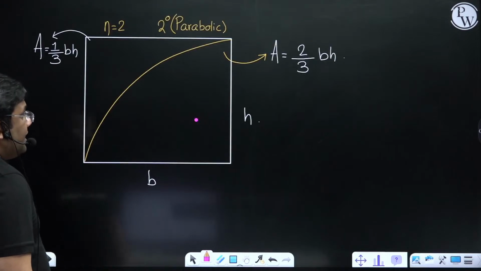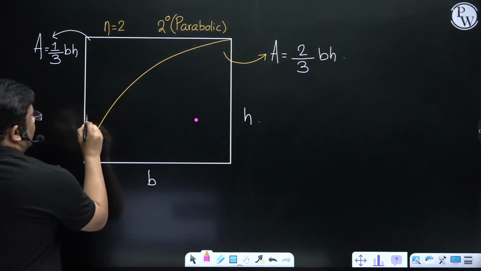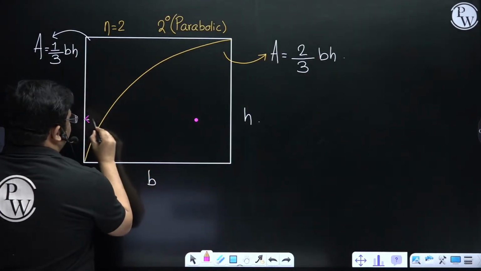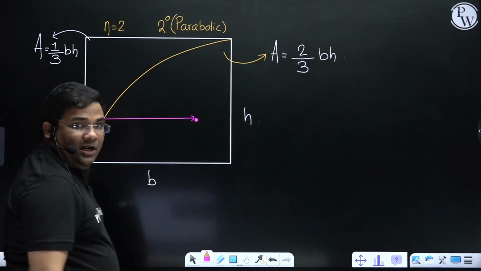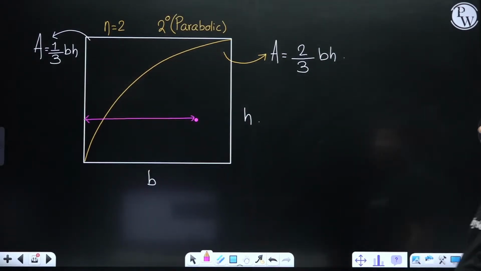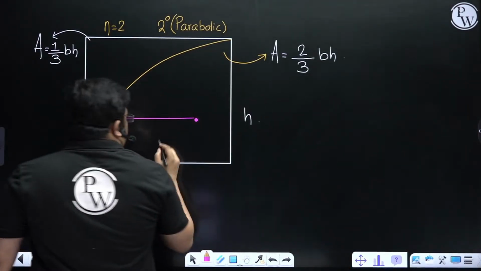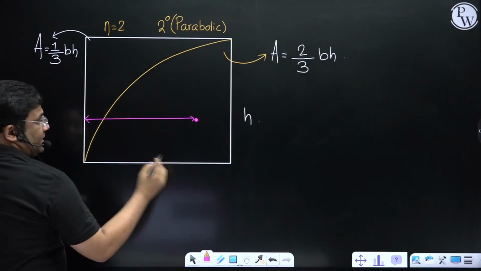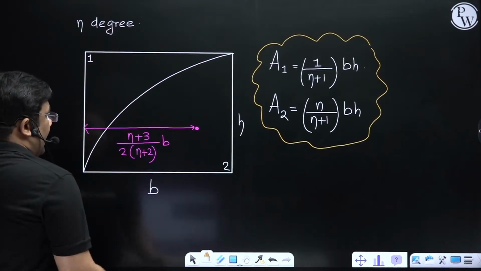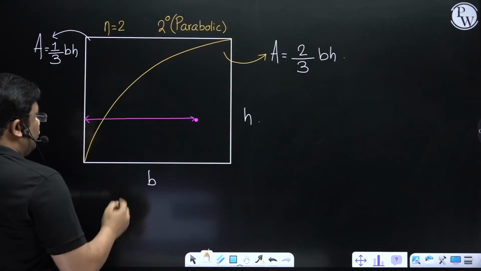Now if I want to find out for the parabolic area, then what will happen? This length will be how much? n plus 3, n is 2.